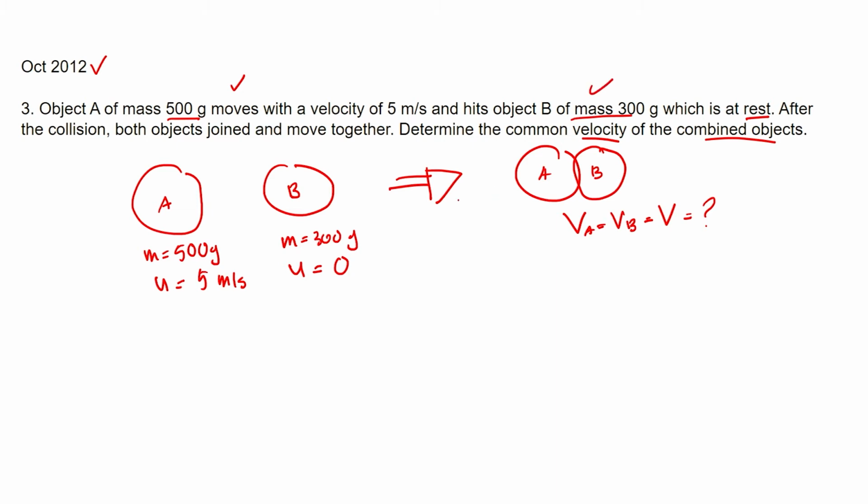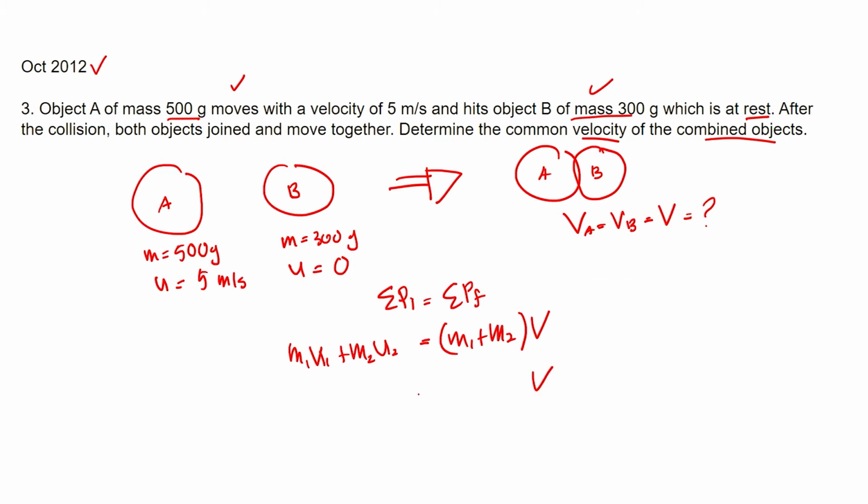So this is an inelastic collision, which means only total momentum initial equals total momentum final. Only the momentum is conserved, the kinetic energy is not conserved. So M1 U1 plus M2 U2 equals M1 plus M2 times V, because they have the same velocity.